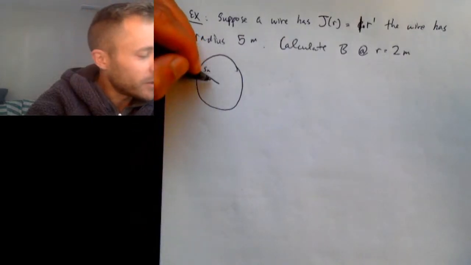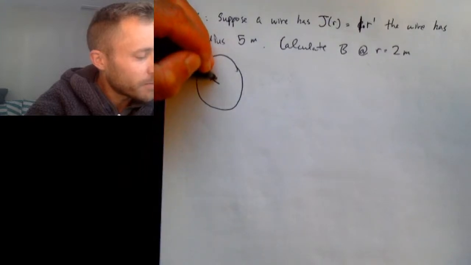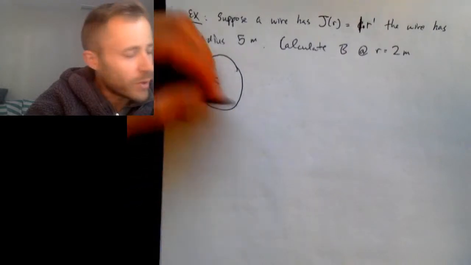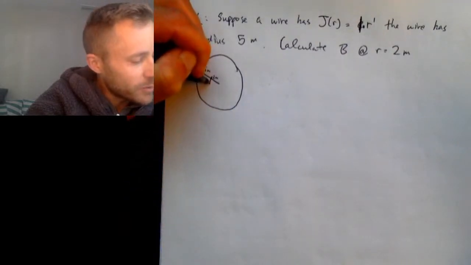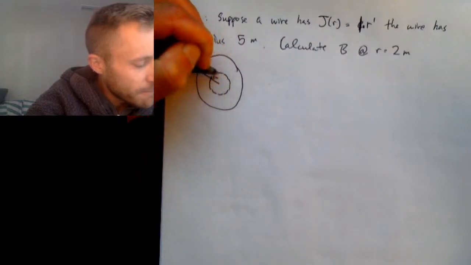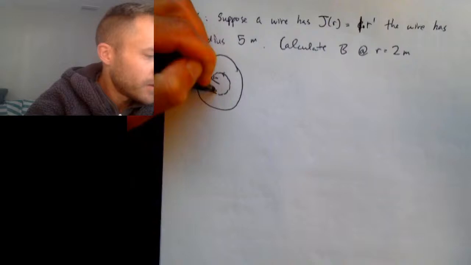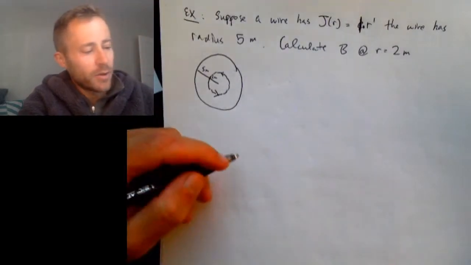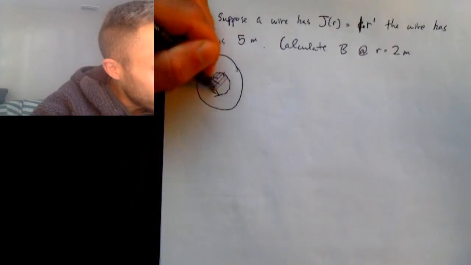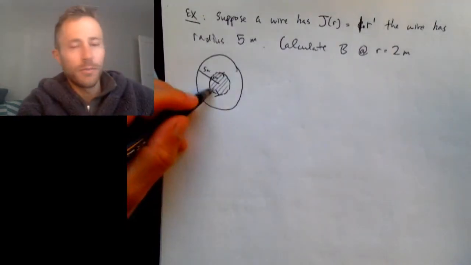We want the magnetic field 2 meters from the center, which is maybe right there. So that means that the radius of my Amperian loop is going to be 2 meters. So there's my Amperian loop, and the current enclosed is going to be the current enclosed within that loop.